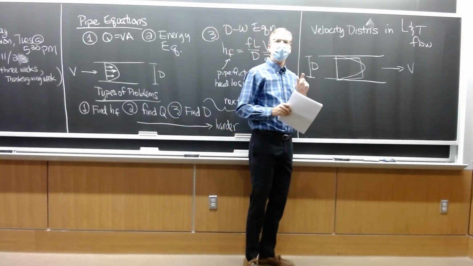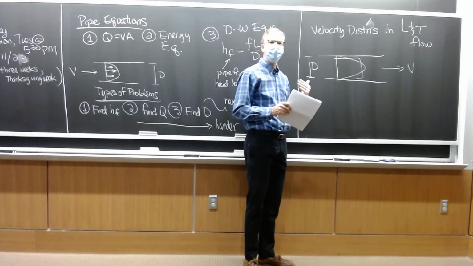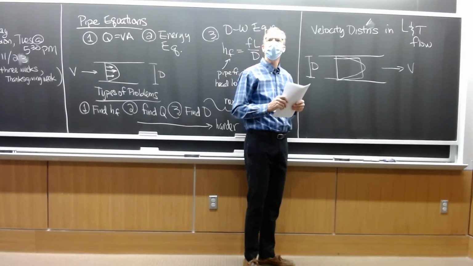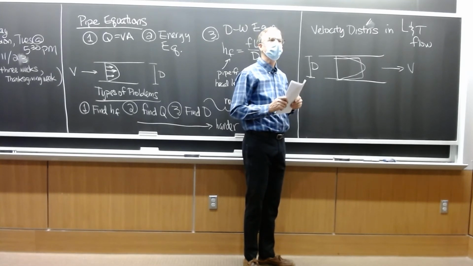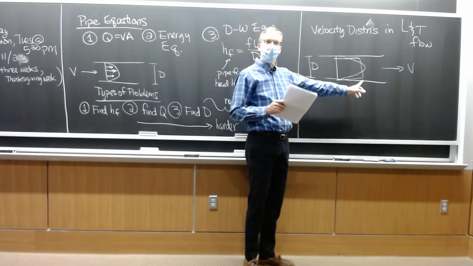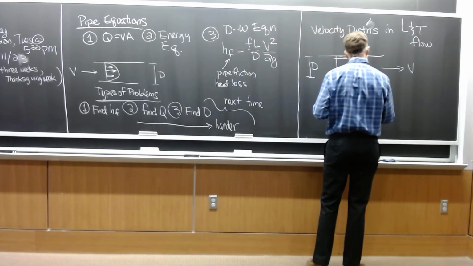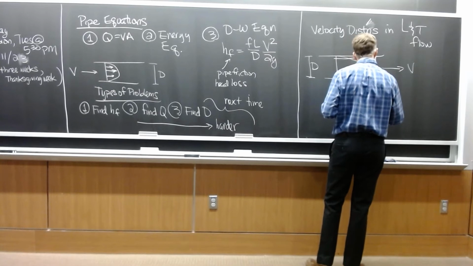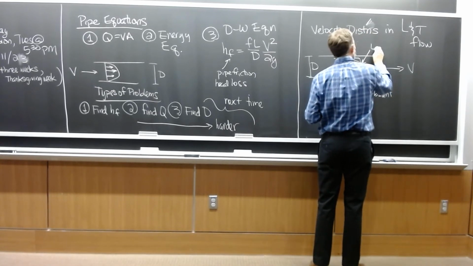We mentioned this briefly, but which one is the laminar flow case? The pointy one or the flat one? Who says pointy? Who says flat? Okay, the flat one is the turbulent one, and the pointy one is the laminar.